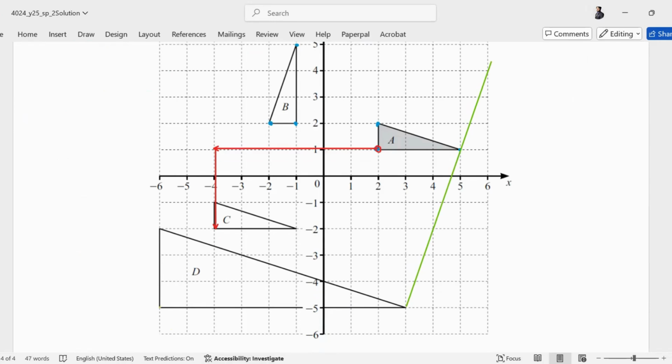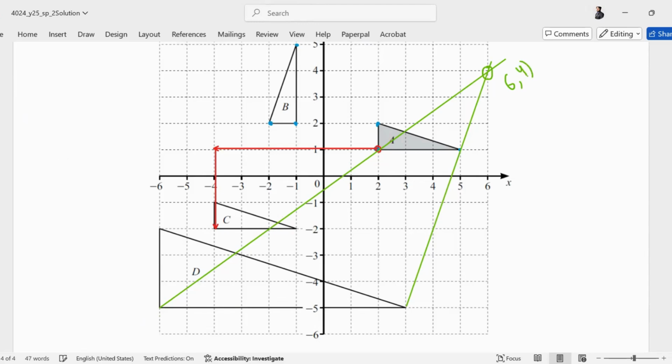I'll do the same with another set of lines. And wherever these lines intersect, see what did I do? I took the object and the image, joined the corresponding points, extended the lines, and where do these lines meet? 6, comma 4.